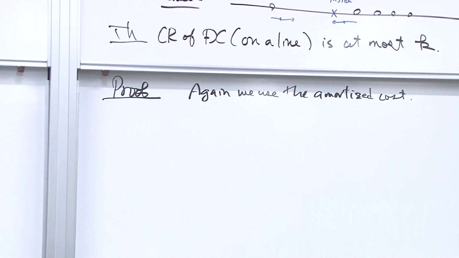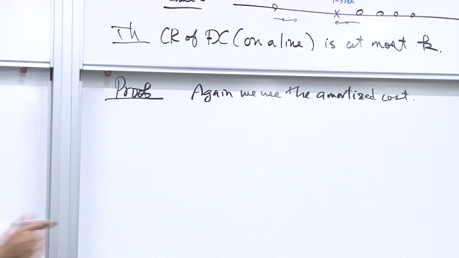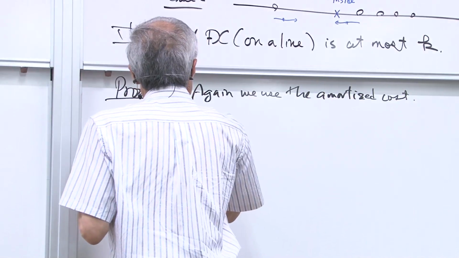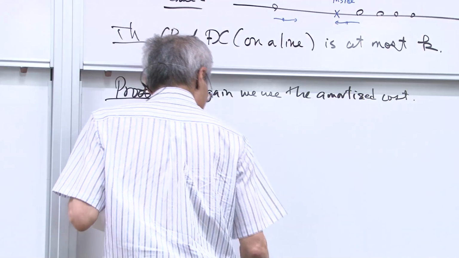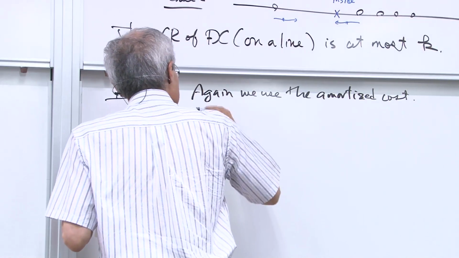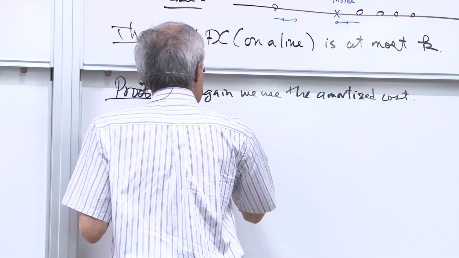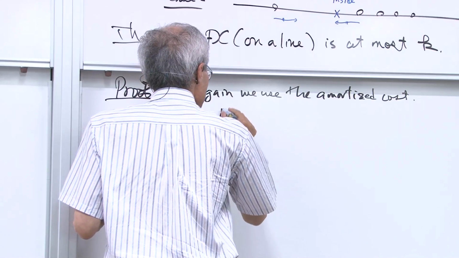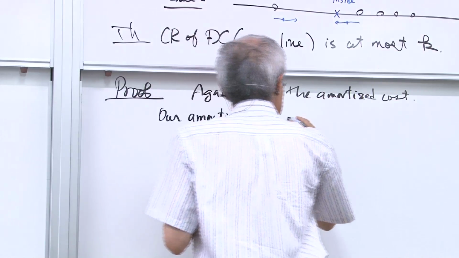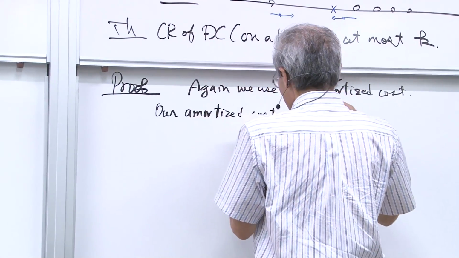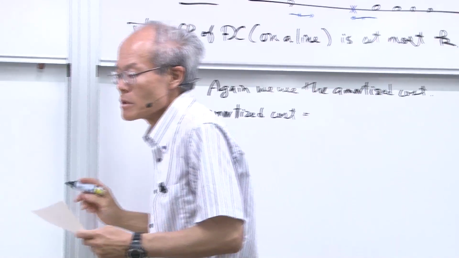So amortized cost is, amortized cost is what?